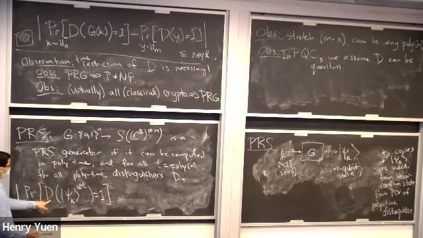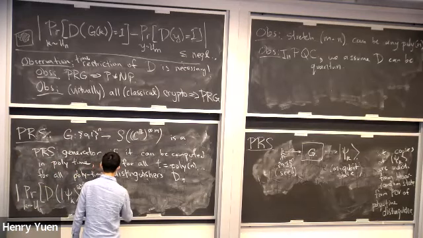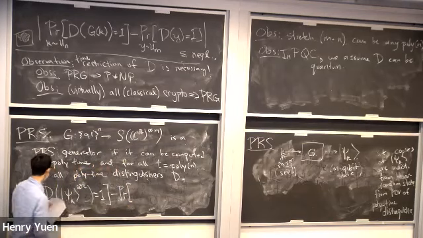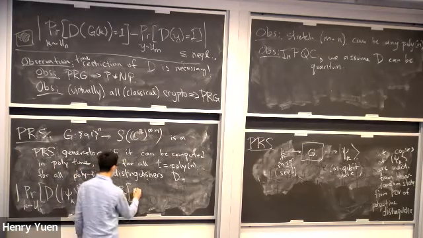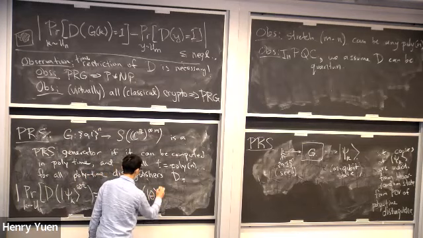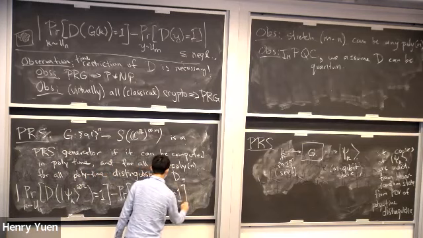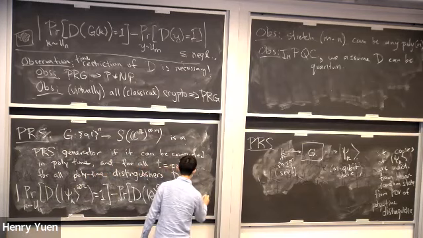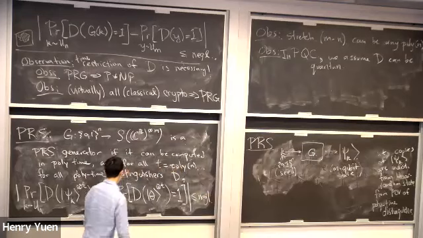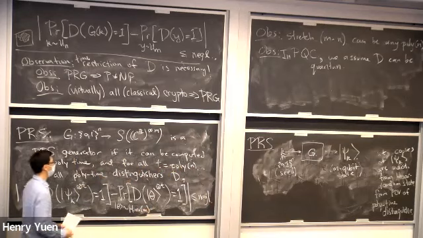So the distinguisher can get t copies of the output of the generator. That's one case. And it's trying to distinguish between this and t copies of a Haar random state, theta, a state sampled from the Haar measure. We can't tell the difference.